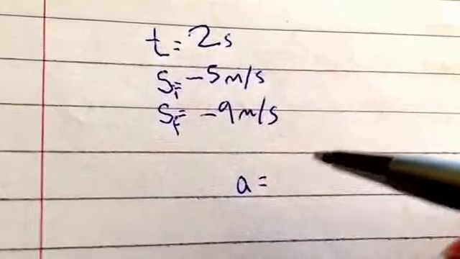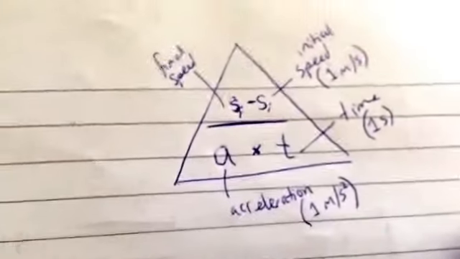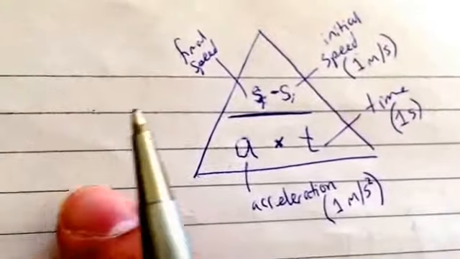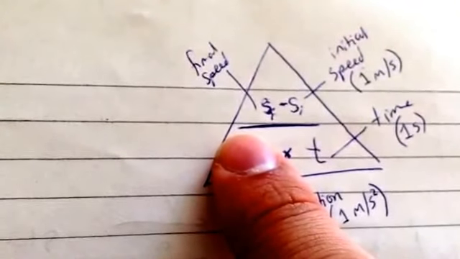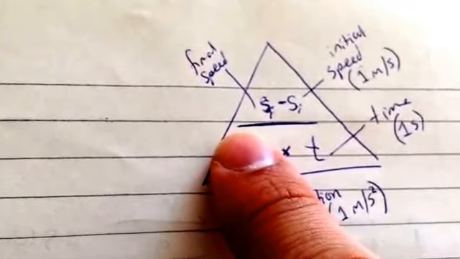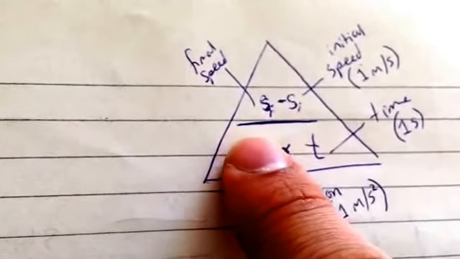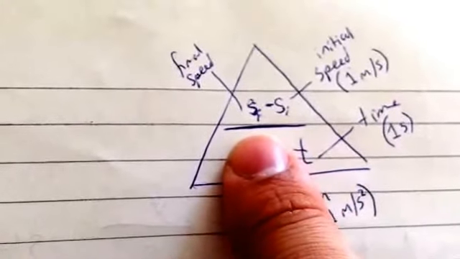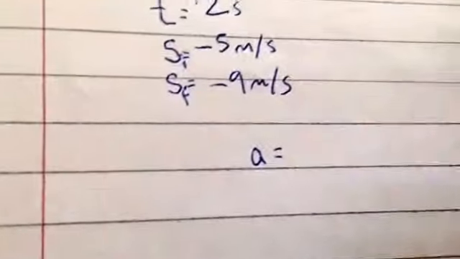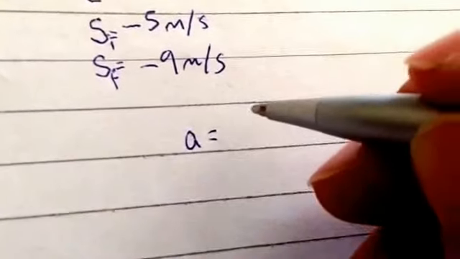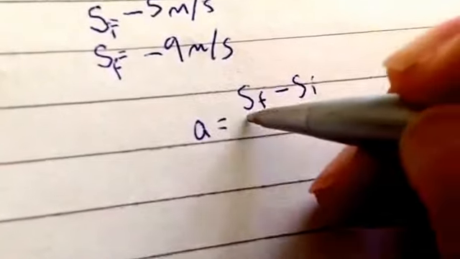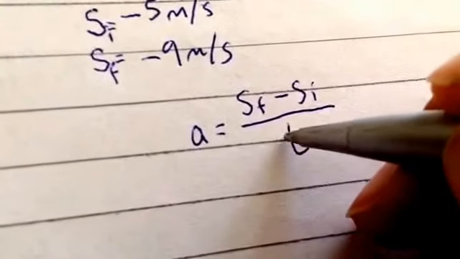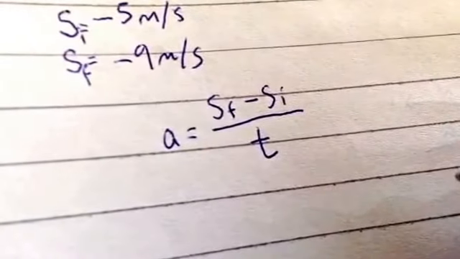So what is A equal to? Well, we've got to go to our triangle again. A equals, if we cover up the A, we can find out what it equals. SF minus SI divided by T. A equals SF minus SI divided by T. Okay?